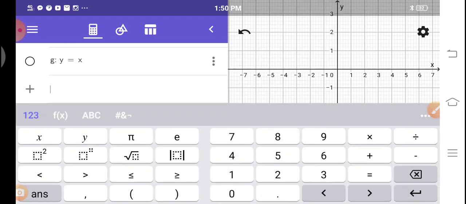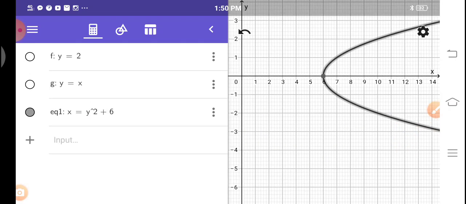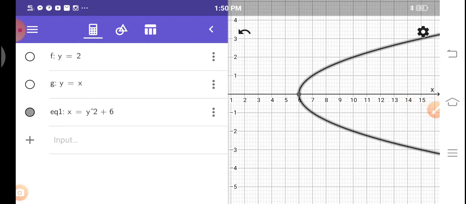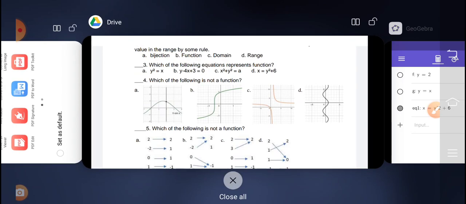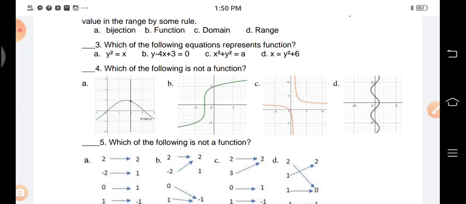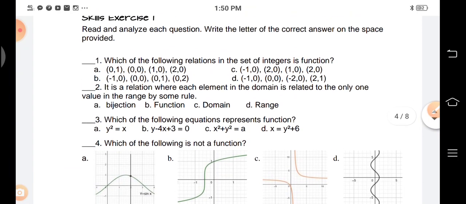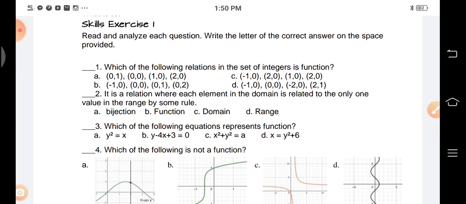Is it a function or not a function? Using the vertical line test, it represents a relation but not a function. So letter D is not a function.